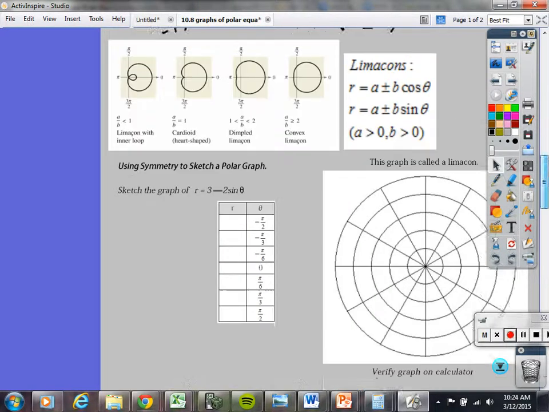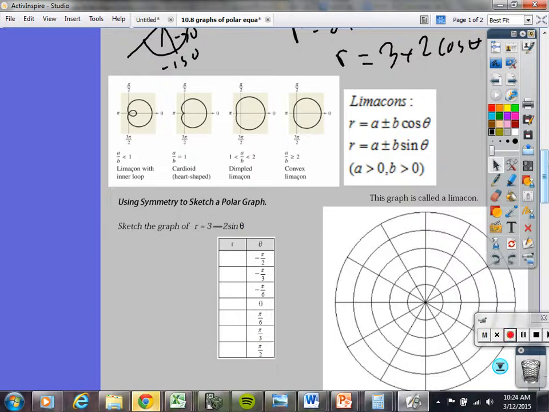Like, look at this one. Notice your little dimples right there, right? Is it symmetrical about this pi halves line? Is it symmetrical about the polar axis? This equation is technically a cosine one. How do I know it's cosine? Because it's about the axis.